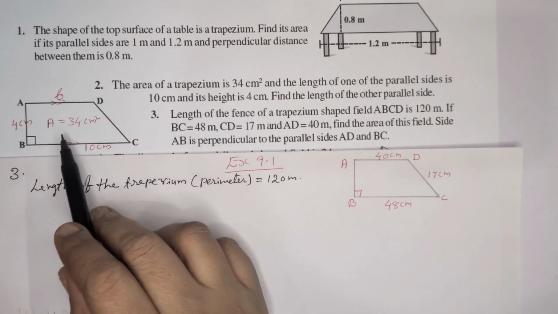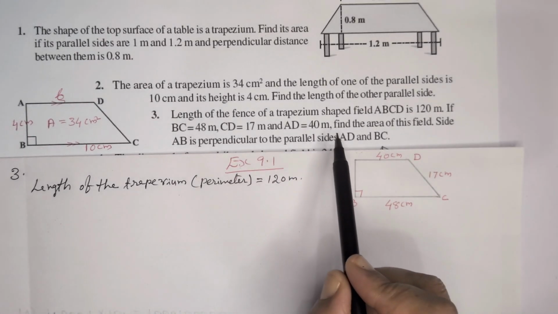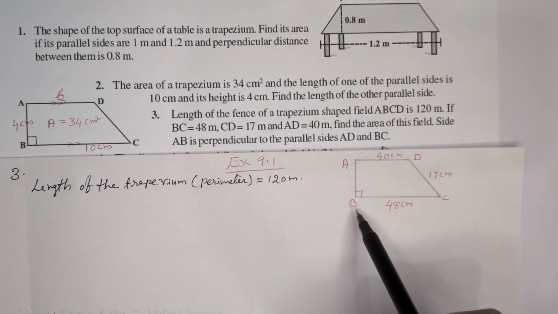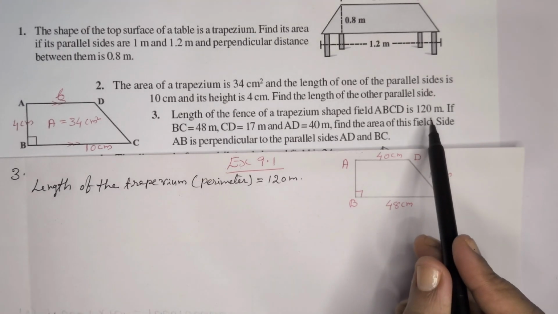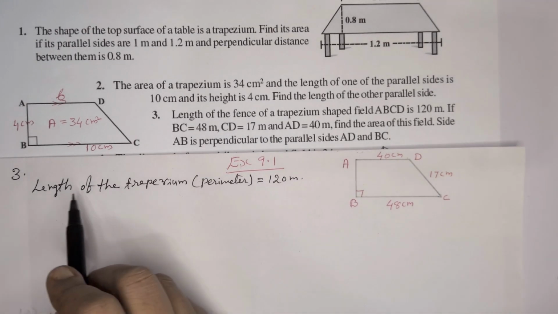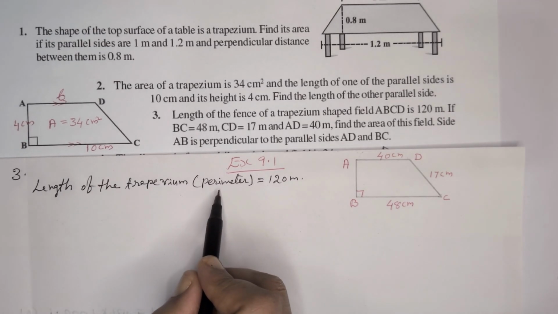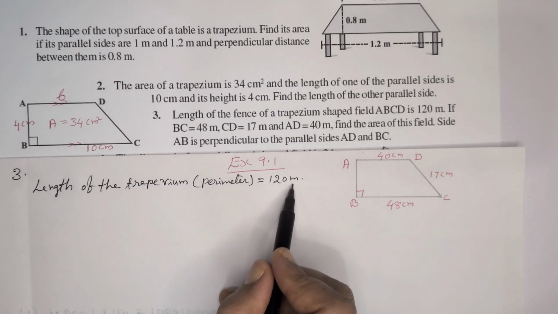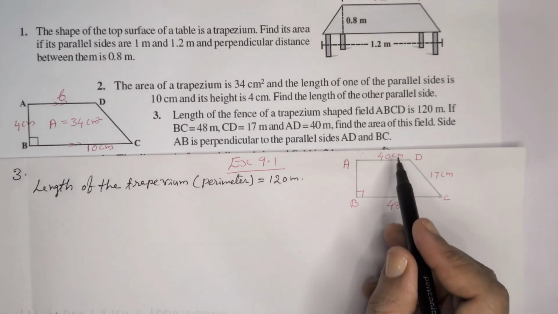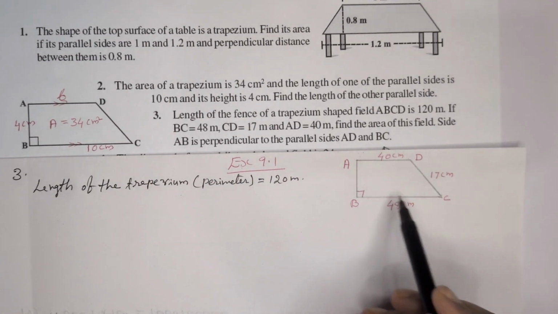Third question, we can draw the same figure here, same type. The length of the fence of a trapezium shaped field ABCD is 120 meter. The length of the fence of the trapezium means the perimeter, that is equal to 120 meter. All these three side measurements are given, BC, CD, AD.